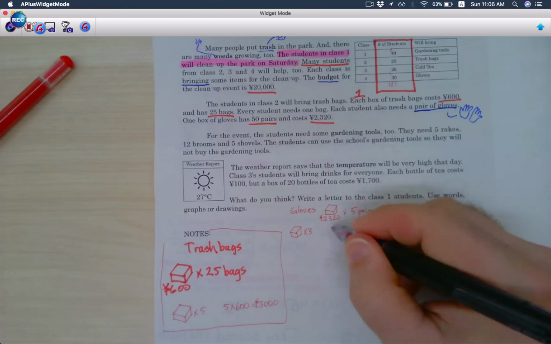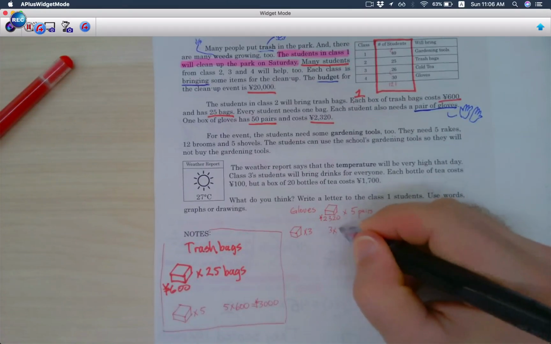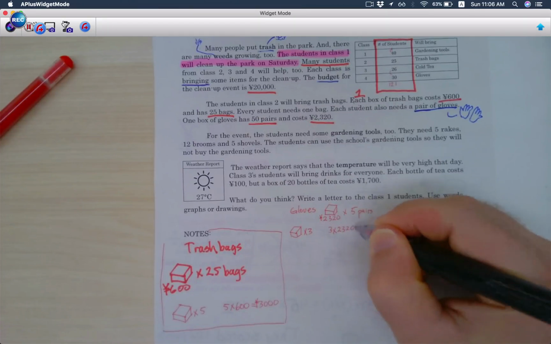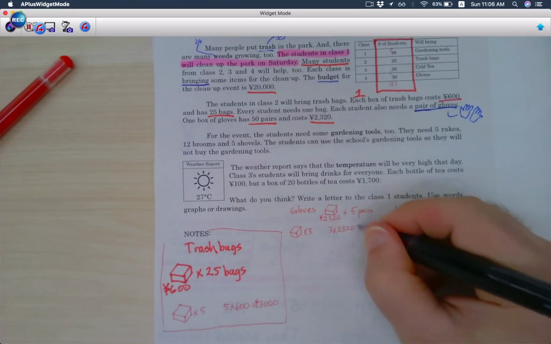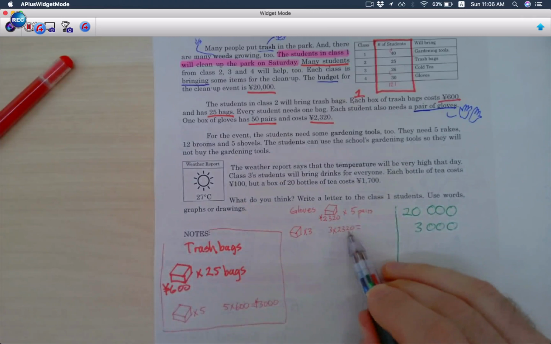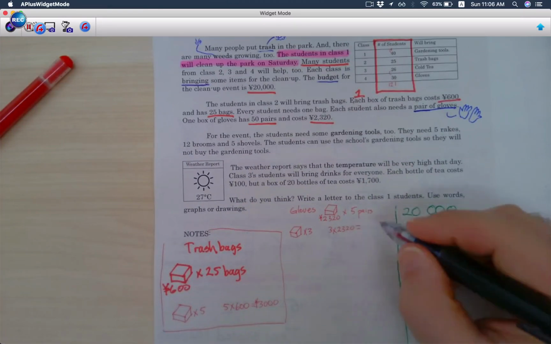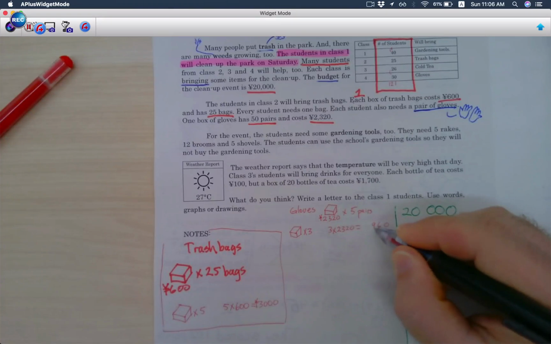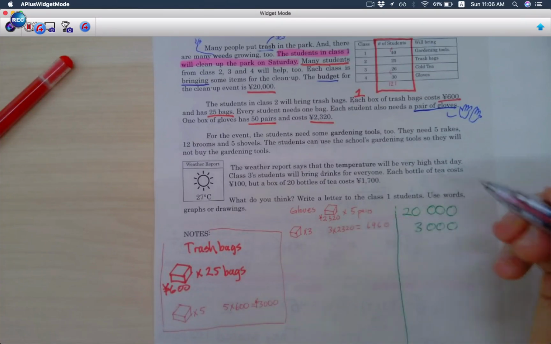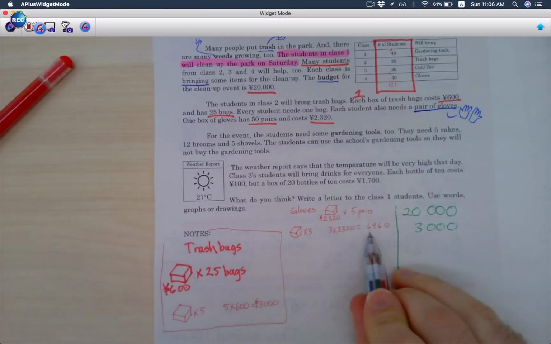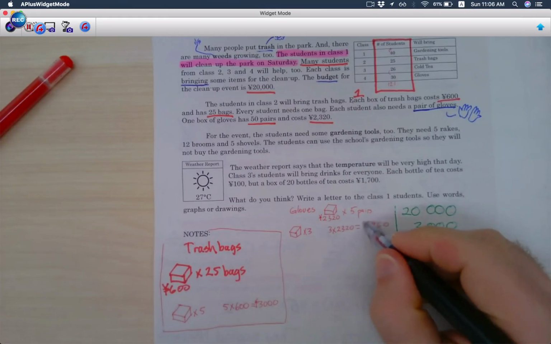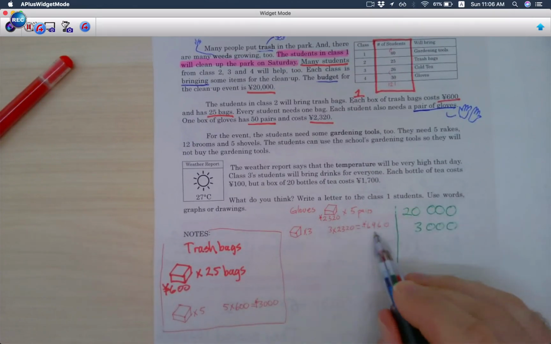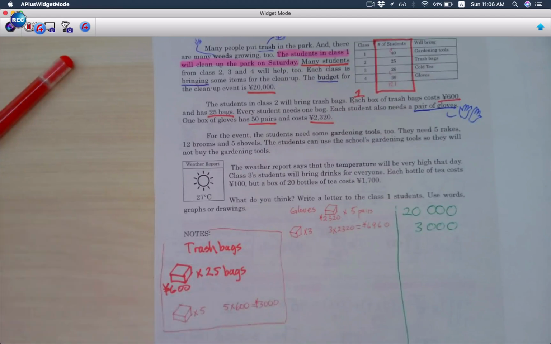So 3 boxes times 2,320. And that's going to be, so 0 and 6 and 9 and 6. That's a little bit of money, isn't it? 6,960.